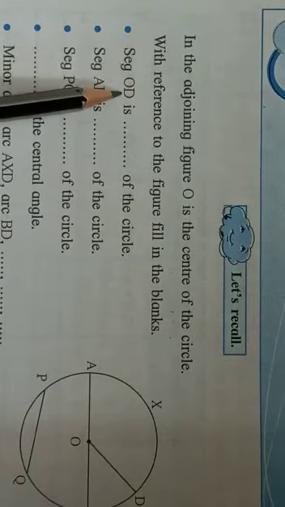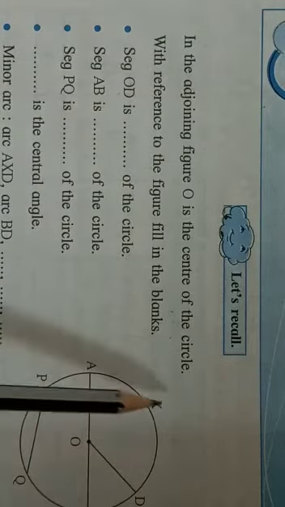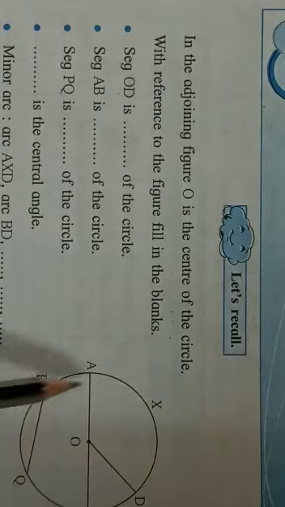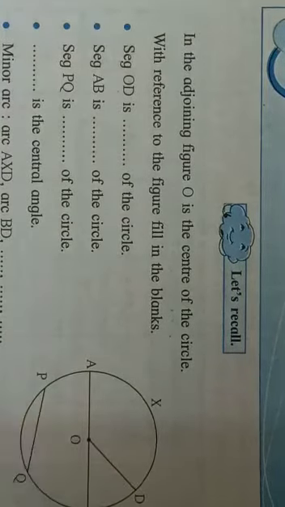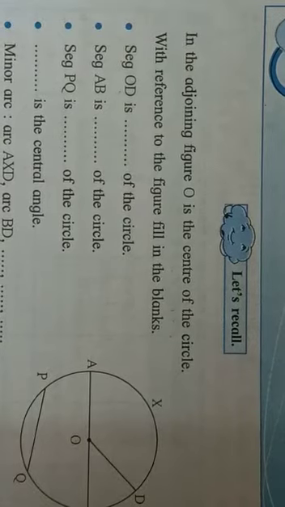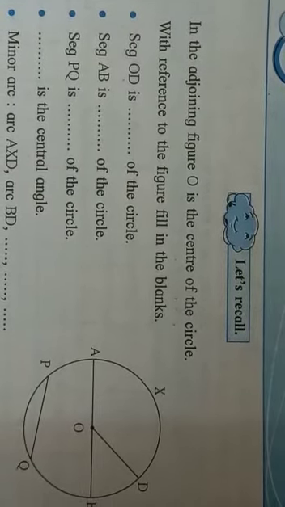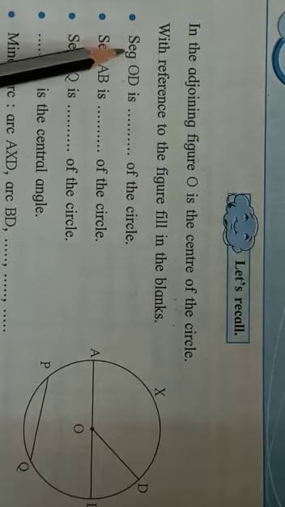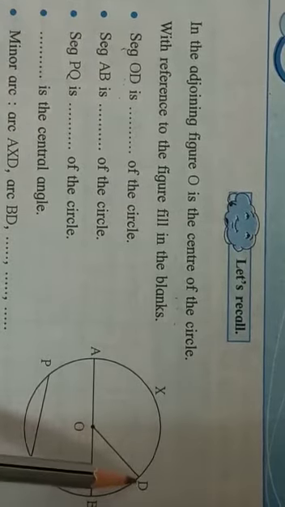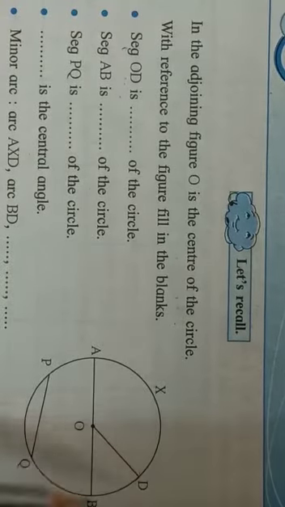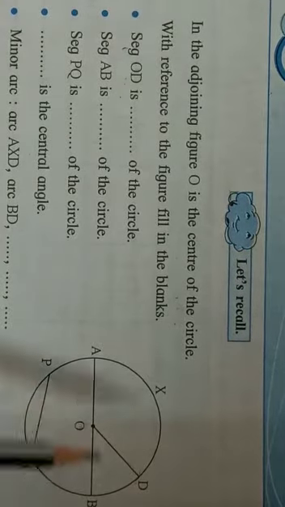So, segment OD is, now see the figure here, the circle is given, here O is the center of the circle. Now, you have to tell me the first answer. Segment OD. D is a point on the circle and O is the center of the circle, right?